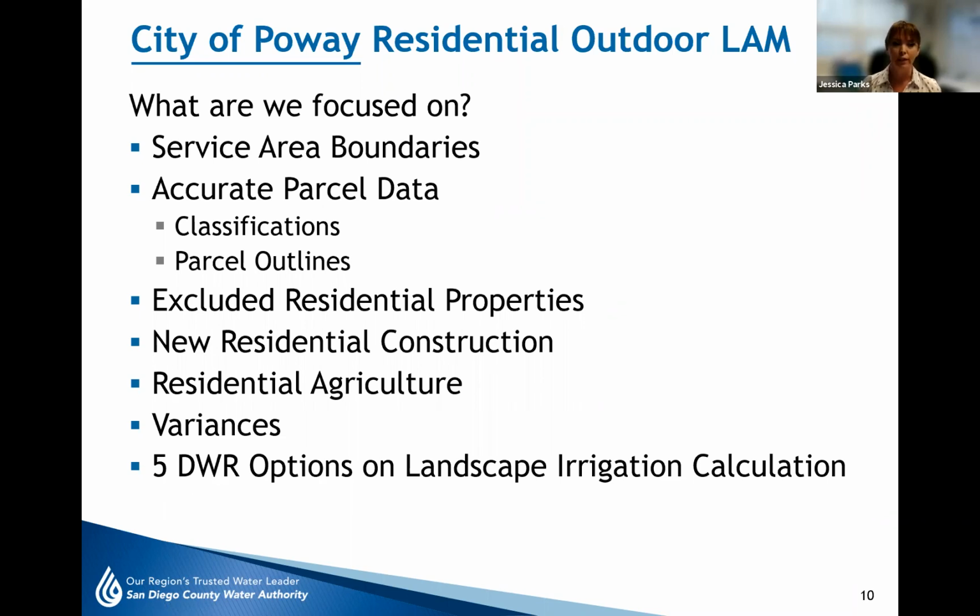We now are starting to look at the variances. We also have some residential agriculture, not much, but enough for us to want to make sure that that is all included in our landscape area measurements. And the last thing that we're focusing on are these 5 options that DWR has put together for the landscape irrigation calculation. Next slide.